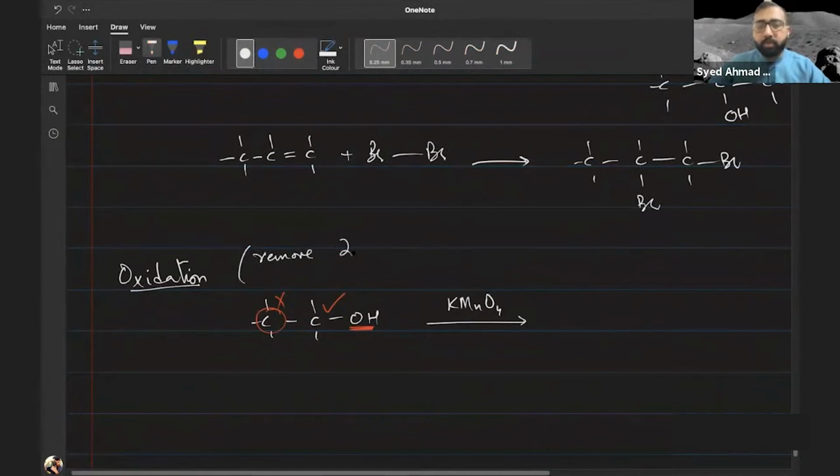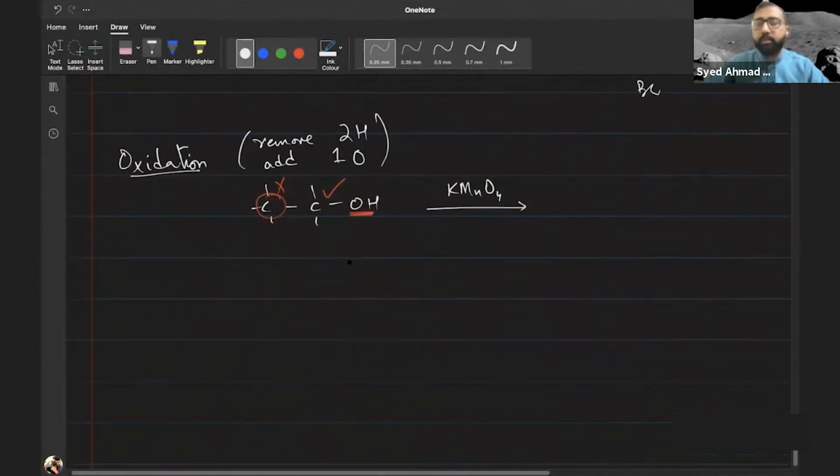Remove 2 hydrogen, add 1 oxygen. That is what oxidation in these compounds is. So इस कार्बन से जिसके साथ OH लगे हुई है, remove the 2 hydrogen. So दोनों हाइड्रोजन थे, ये हाइड्रोजन था, ये हाइड्रोजन था, we removed it and add 1 oxygen there. तो मैंने एक ऑक्सीजन ऐड कर दिया, 2 हाइड्रोजन रिमूव कर दिया, and that's oxidation.